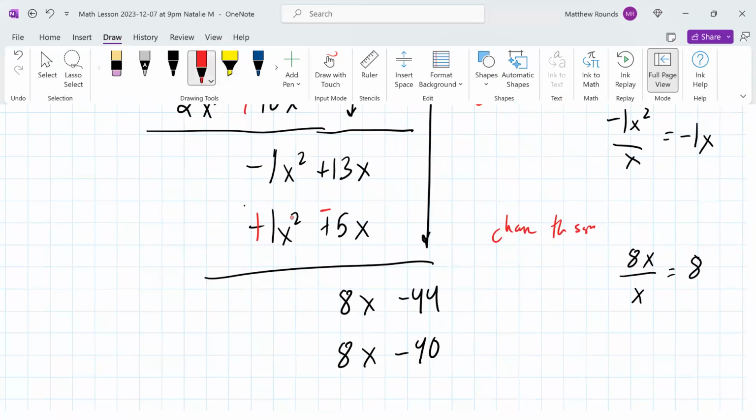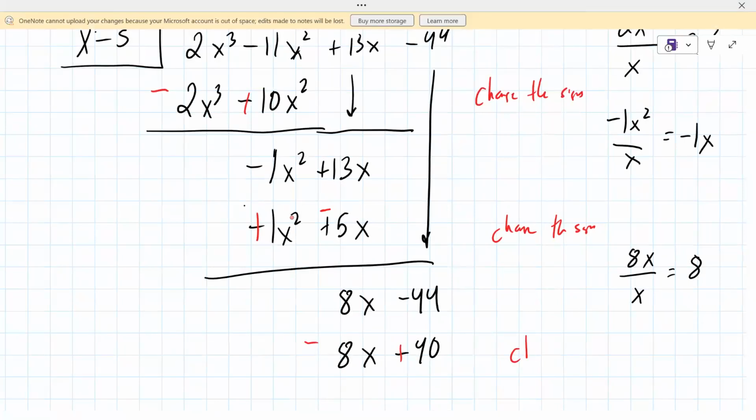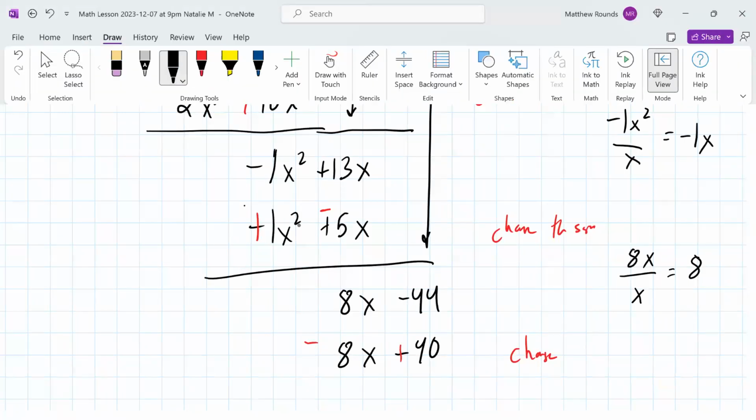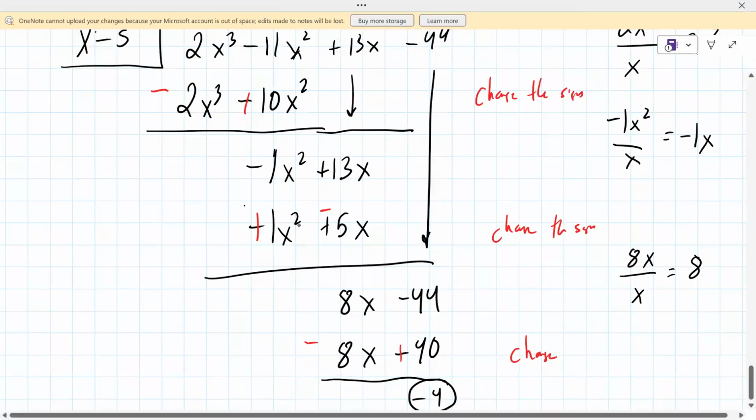You again change the signs. And whatever is left over, in this case negative 4, this is your remainder. Sometimes that's useful, depending on the problem. Okay, that makes a lot more sense.